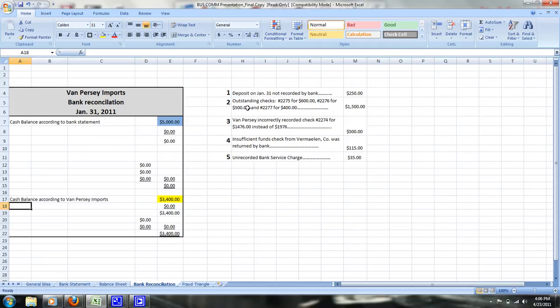Up here are the adjustments we need to account for to reconcile this. The first one is we deposited a check on January 31st and it wasn't recorded by the bank, and that was $250. So we need to add this because the bank's not properly showing how much we have in our account.